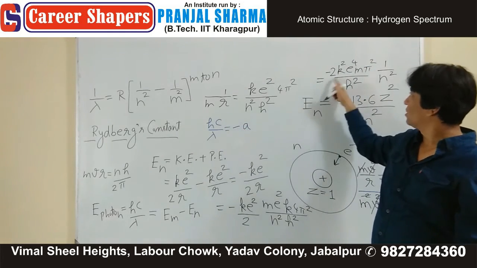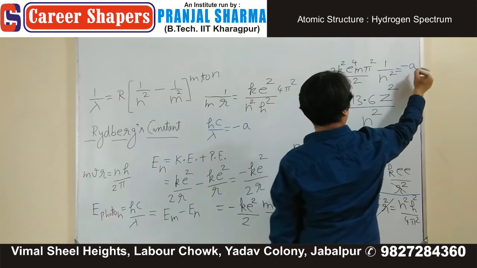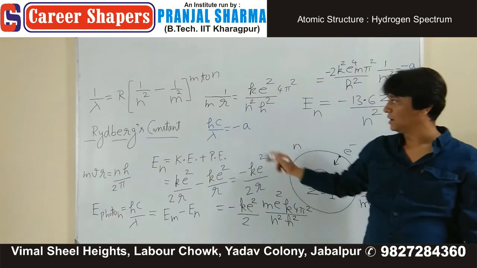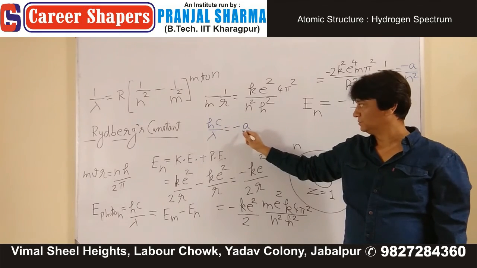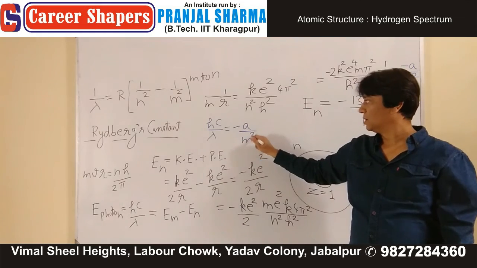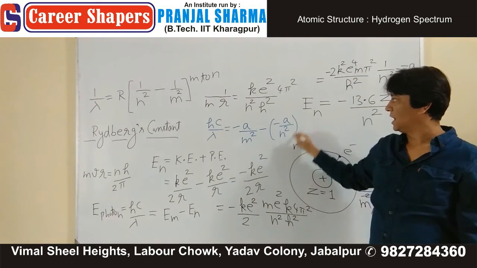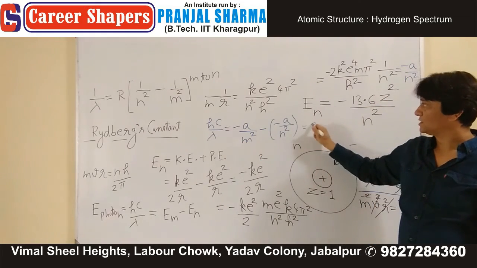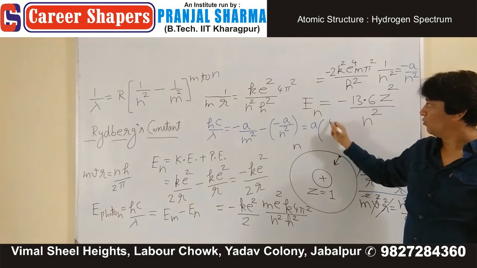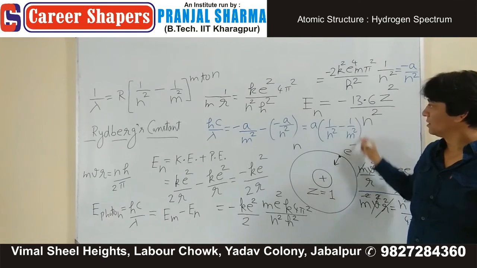So this is minus A divided by m² minus minus A divided by n². That is A times (1/n² minus 1/m²).